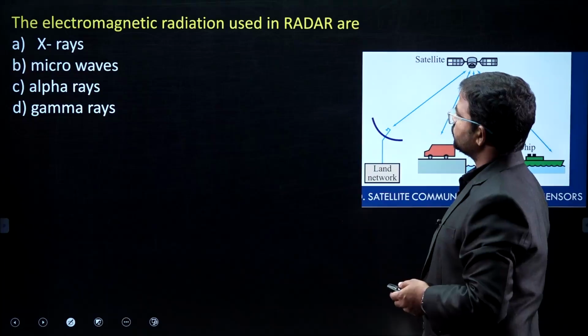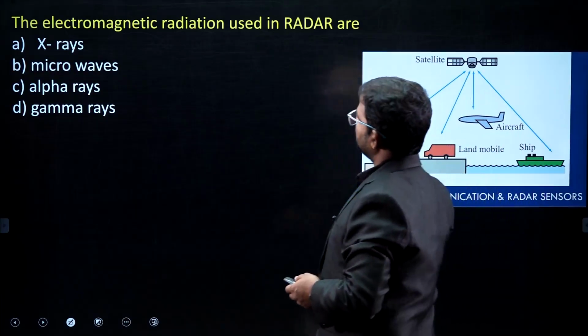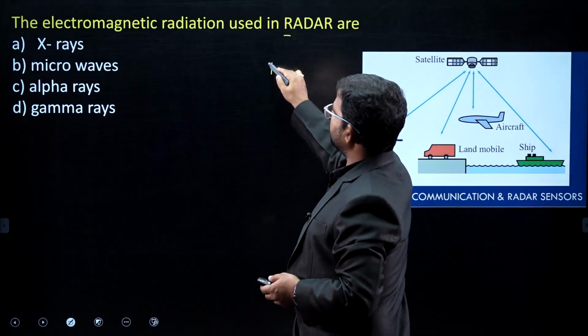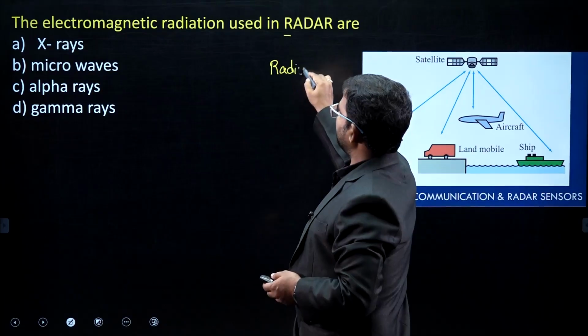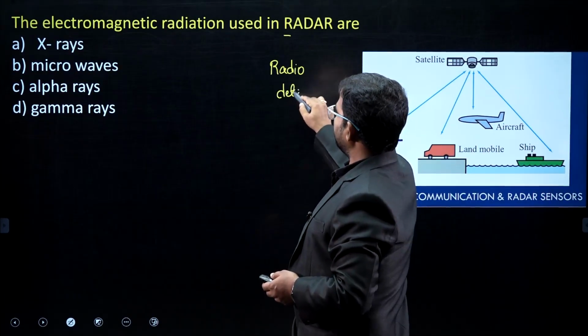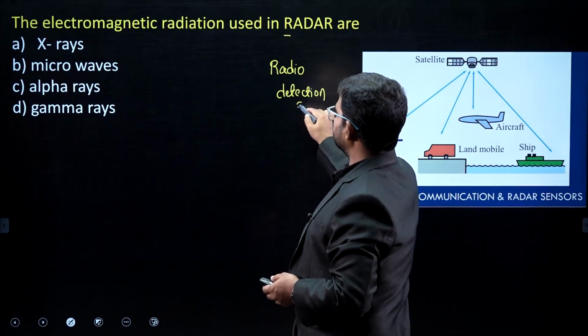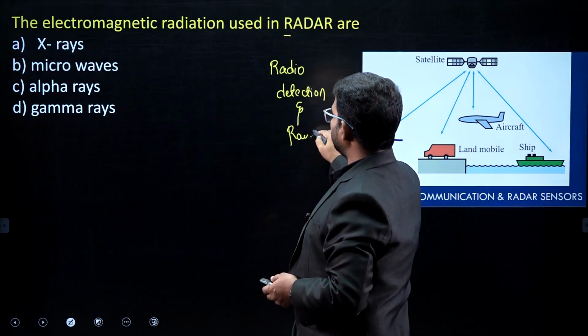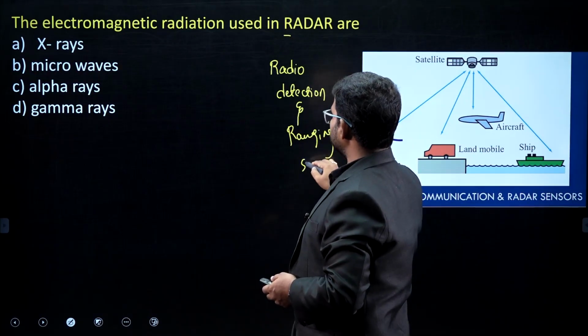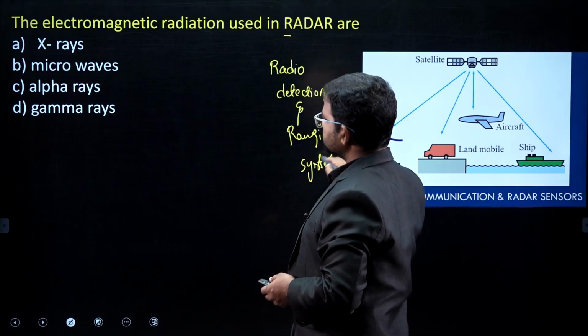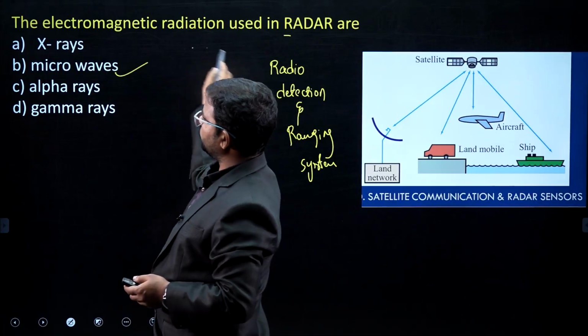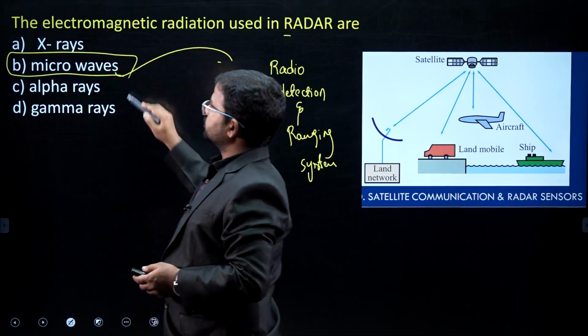Electromagnetic radiation is used in radar, meaning radio detection and ranging system. Generally in radar systems we use microwaves.